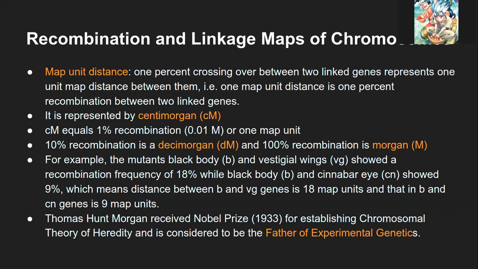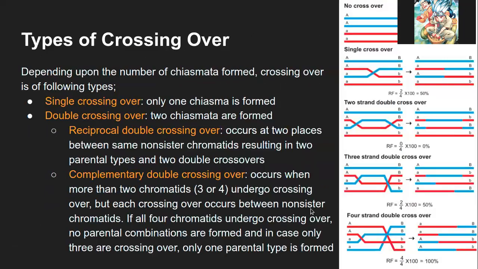Why? Because there's a chance that recombination might not occur also, right? But in this case it is 100%. All four gametes which are formed are not at all similar to your parent.